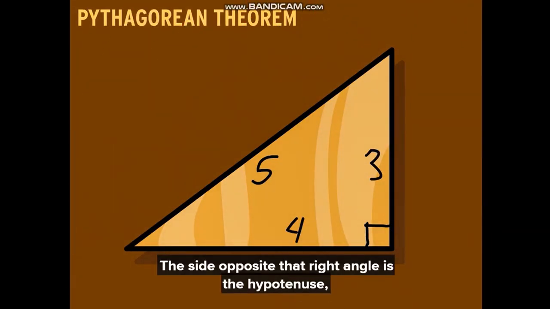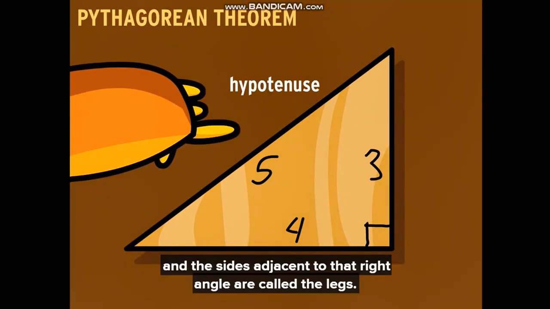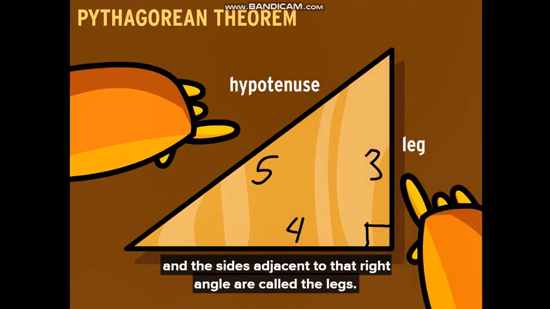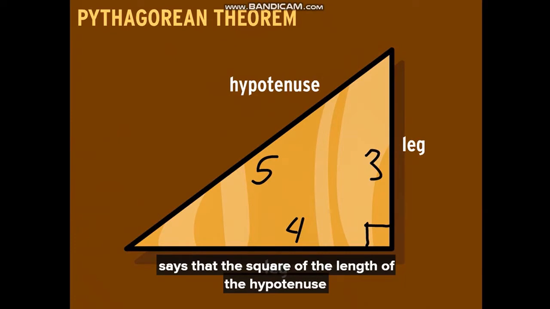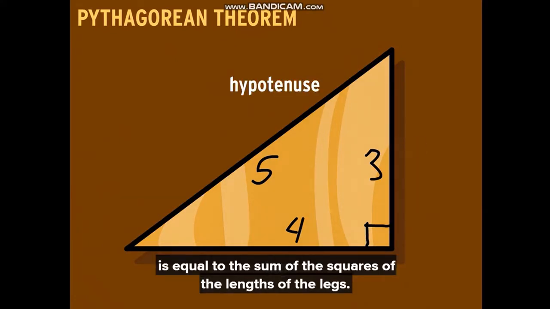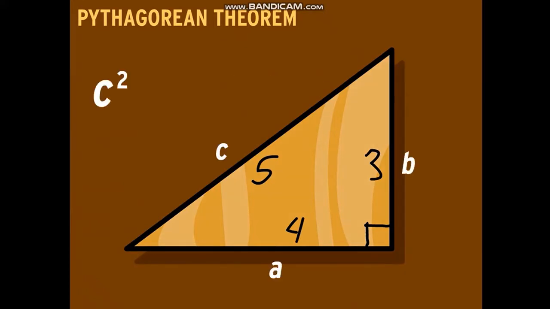The side opposite that right angle is the hypotenuse, and the sides adjacent to that right angle are called the legs. The Pythagorean theorem says that the square of the length of the hypotenuse is equal to the sum of the squares of the lengths of the legs.